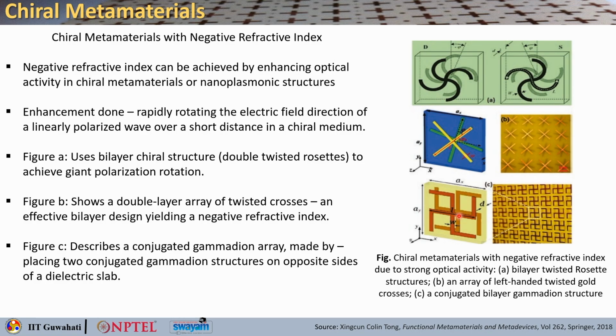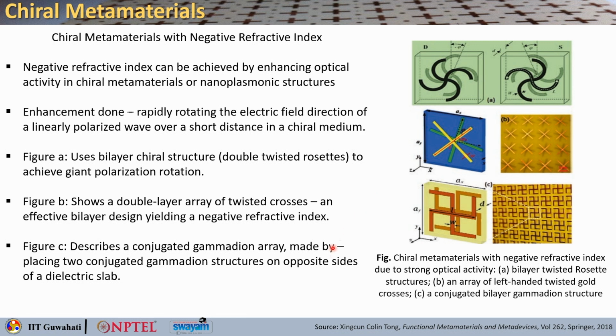This figure C actually shows a conjugated bilayer gammadion array. So, this kind of a swastika-like symbol, okay, the conjugated one. Okay. So, that is like you have got two on the opposite sides of a dielectric slab, and then you have metamaterial made from that. Okay.